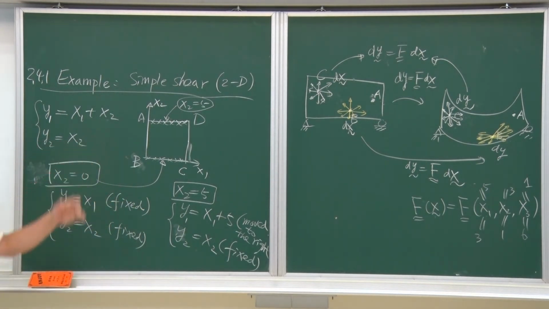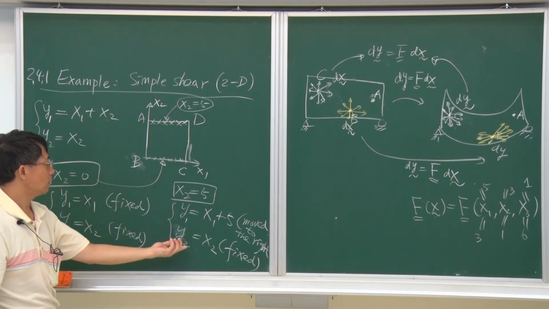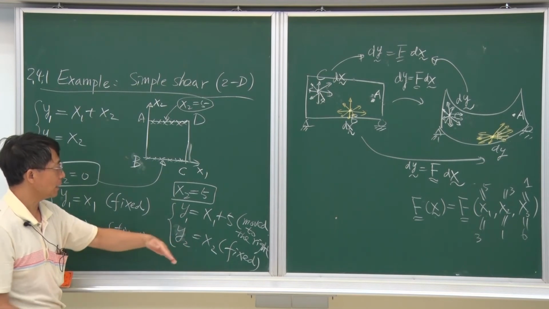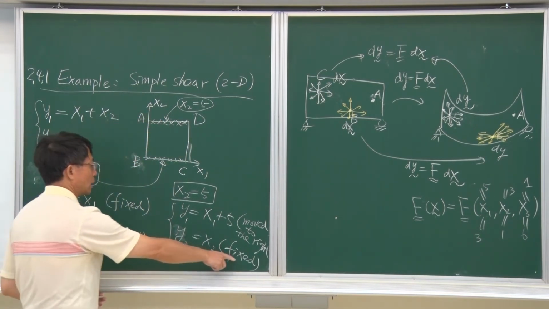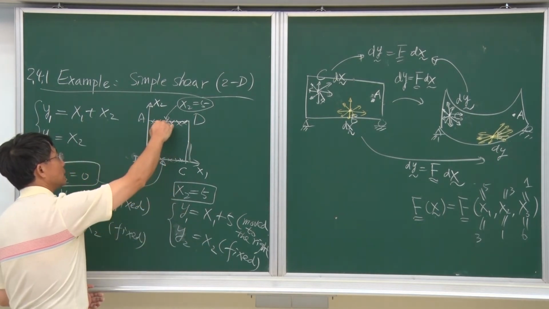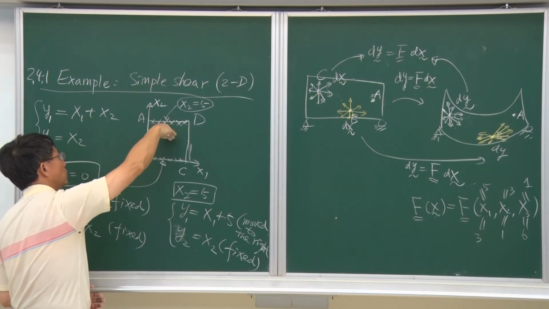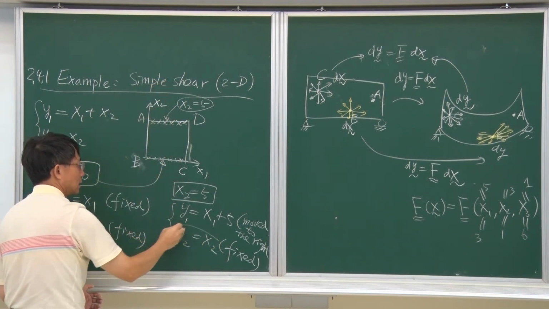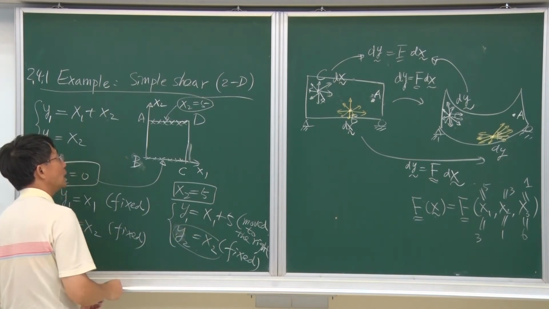OK，这往右移了，y1 这个方向往右移，但 y2 不变，表示它没有往上移，y2 equal to x2 is fixed. It means that the material line won't go up, or go down. It just keeps the same vertical level.